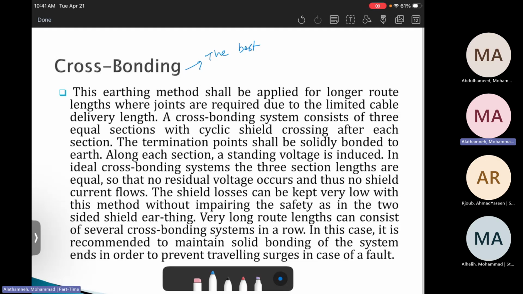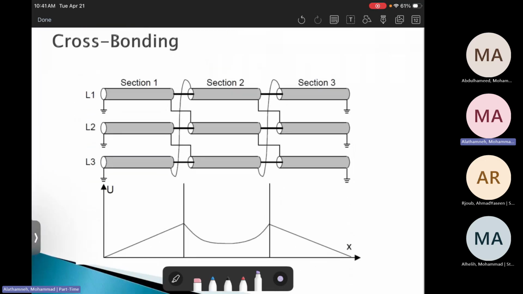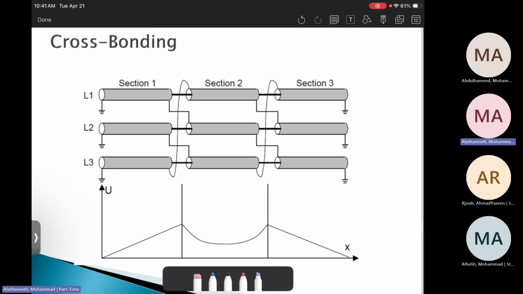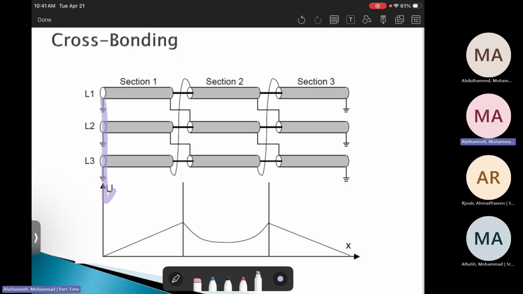The cross bonding method consists of 3 equal sections with cyclic shield crossing after each section. So there will be different sections, and each section will be grounded, as we see here. This side is grounded and the other part is grounded. Then we connect all of these three together for the 3 phases.